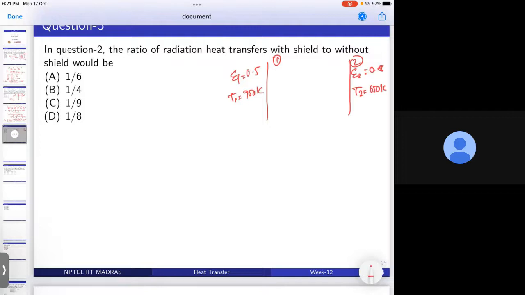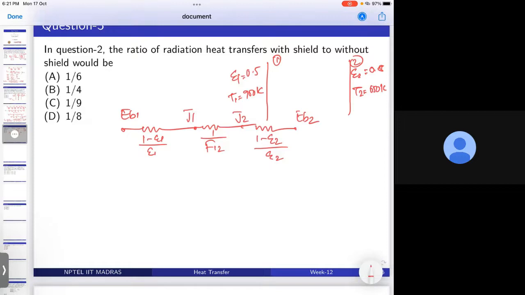Okay. So let's draw the radiation network. There's a space resistance. I'm not writing the area factor here because we are calculating the net heat flux. So the resistance is 1 by epsilon 1 minus 1 plus 1 by F12, which is 1, plus 1 by epsilon 2 minus 1.